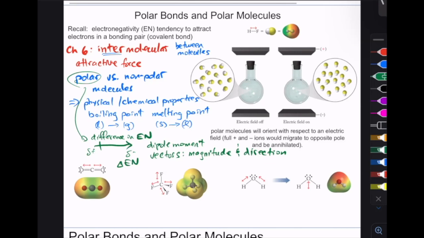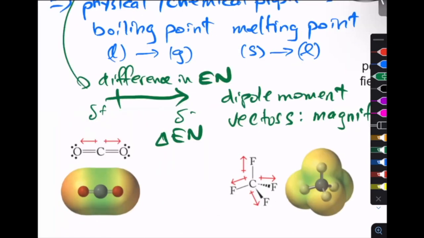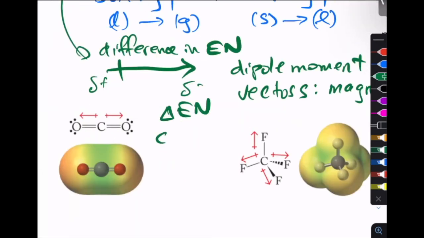But in something like carbon dioxide here, if I were to just generally draw a carbon-oxygen bond like this, not specifying whether it's a single bond or a double bond, there's a difference in electronegativity. The oxygen is more electronegative than the carbon, so it has a stronger attraction for those shared electrons than the carbon will. That's going to create a skewed distribution of the electrons, so they're not equally shared.